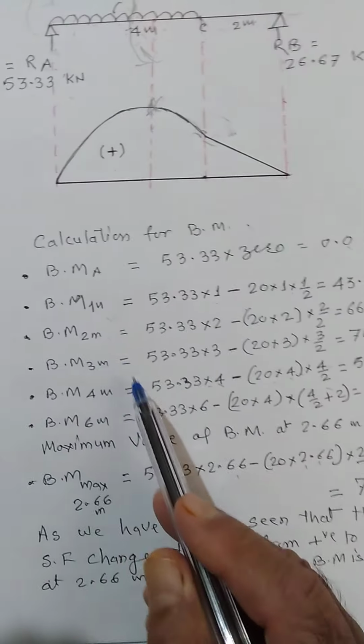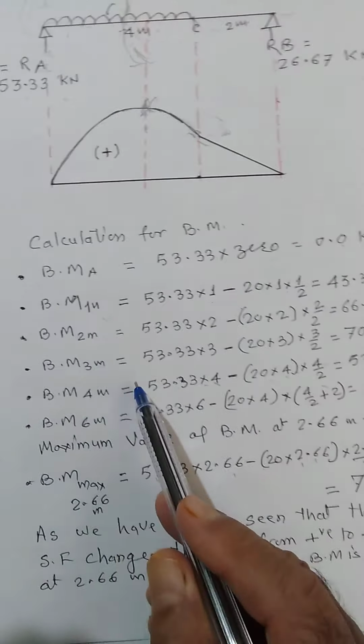Similarly, 2 meter, 3 meter up to 4 meter. When we go up to 4 meter over here, it is RA into 4 minus 20 into 4 acting at 4 by 2. This is anti-clockwise and this must be clockwise.